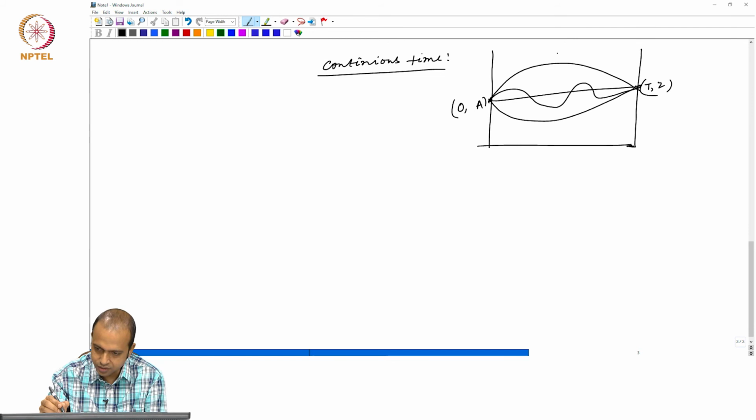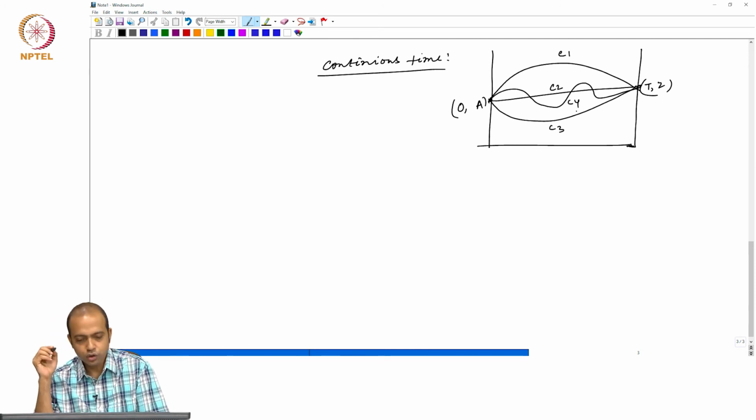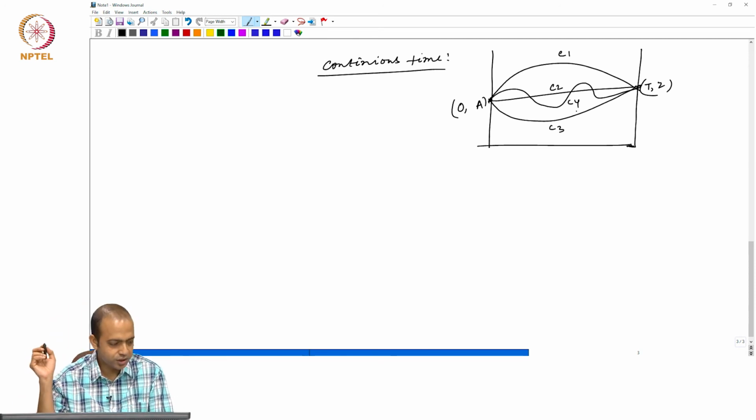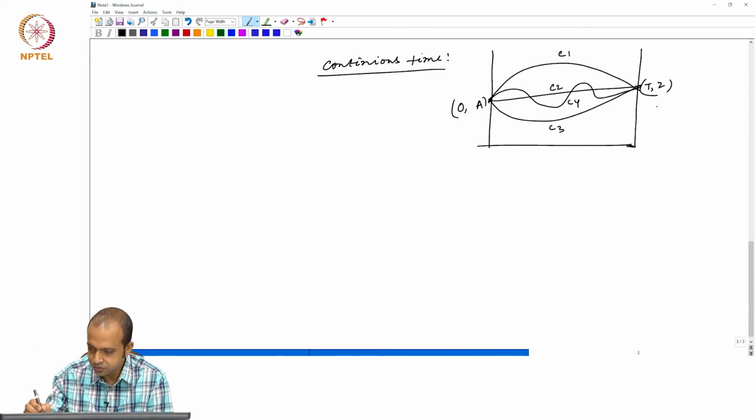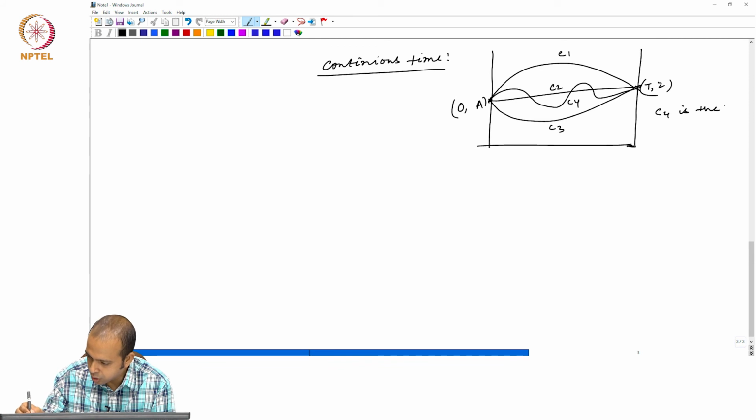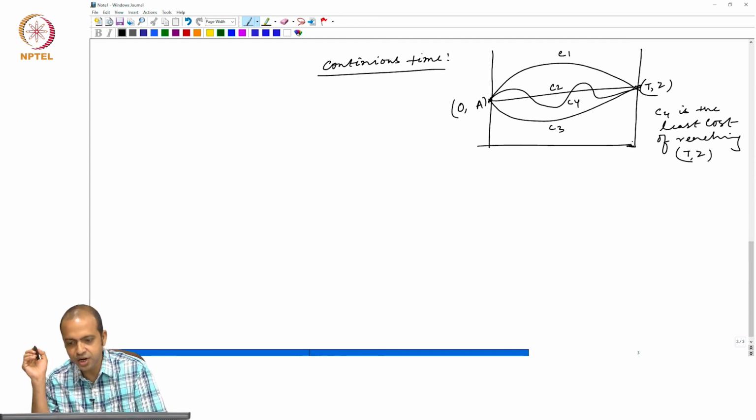So, let us say this is C1, this is C2, this is C3 and this is C4. Obviously C4 is the least cost of reaching TZ, because that is the straight path.